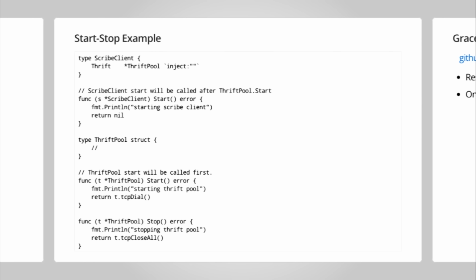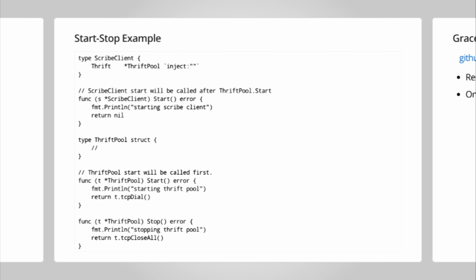So if I show you an example, we have a scribe client which depends on something called a thrift pool. A thrift pool is basically a pool of TCP connections. We want the thrift pool to be started before the scribe client is started. So when we use start-stop on this struct, start-stop figures out that thrift needs to be started first because it is a dependency of scribe client.